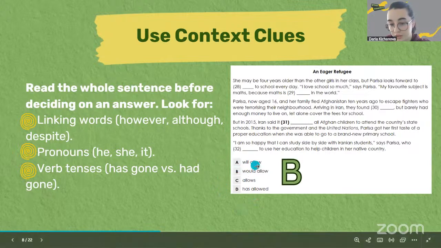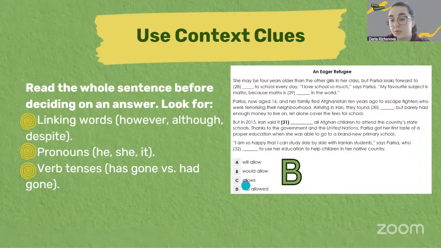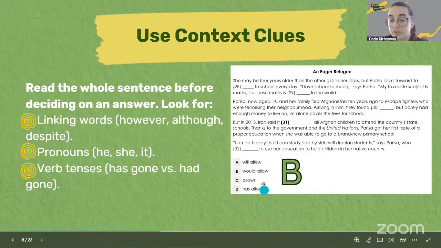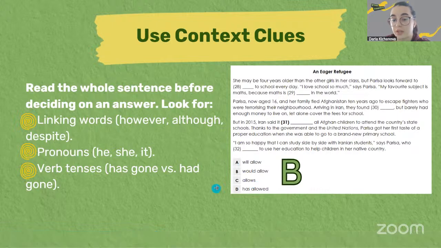So we cross it out. Allows we had to change into allowed because present simple can't be used in reported speech, and the same with has allowed. Present perfect should be changed into past perfect, so to had allowed. So according to these questions, would allow will be correct. So don't forget about this rule for reported speech.